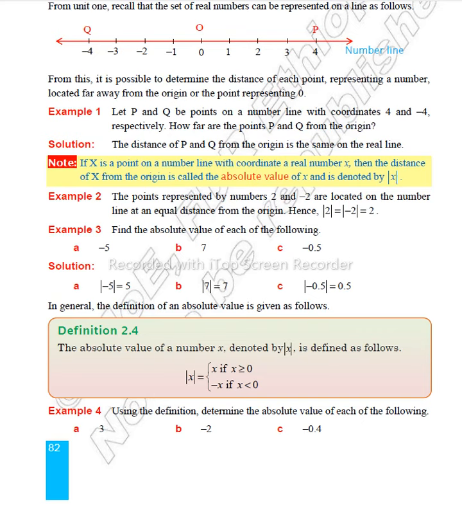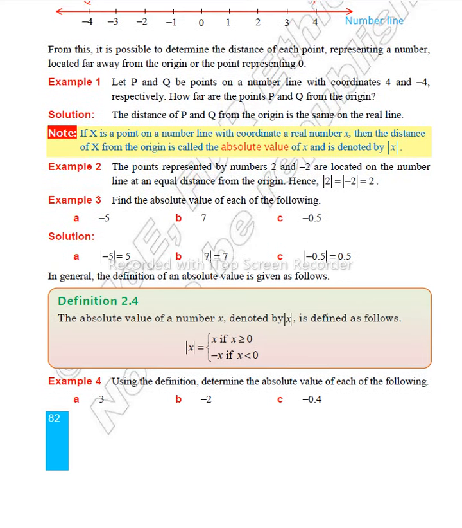The points represented by the numbers 2 and -2 are located on the number line at equal distance from the origin. Hence the absolute value of 2 is equal to the absolute value of -2, which is equal to 2. As we said before, any number when it comes out of absolute value will be positive.